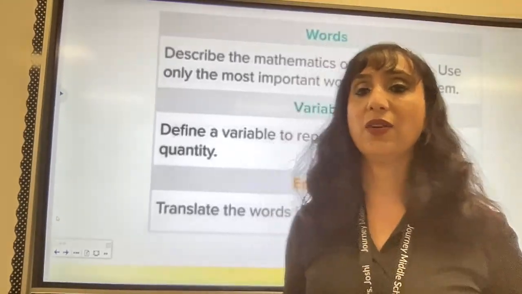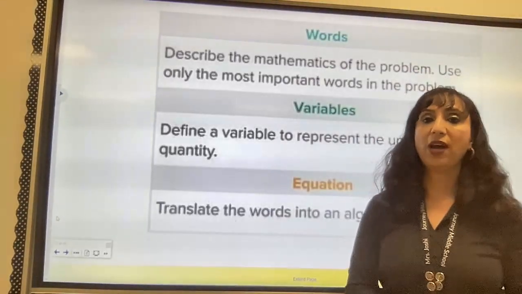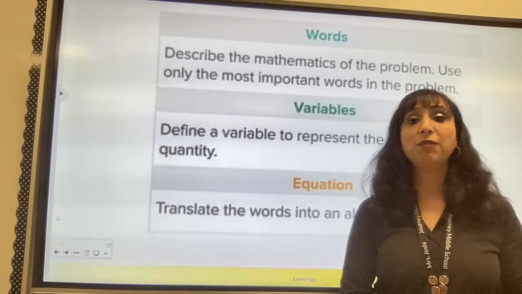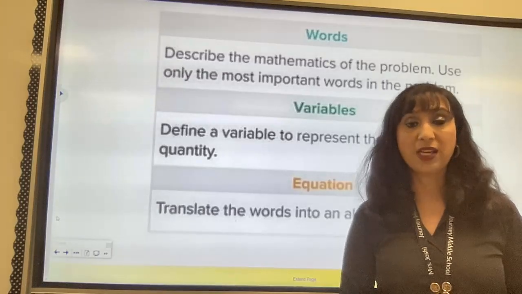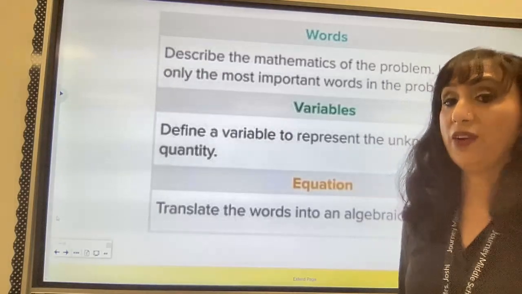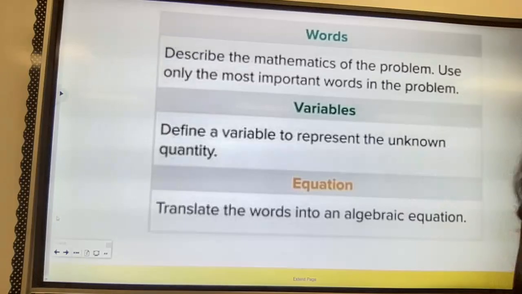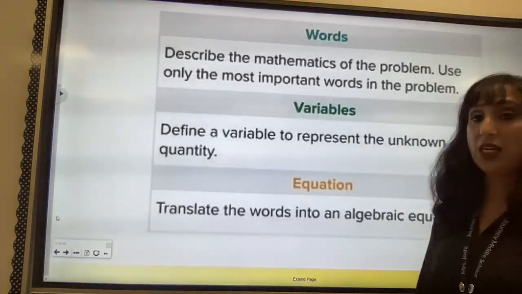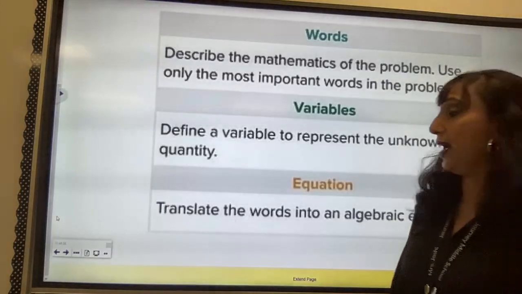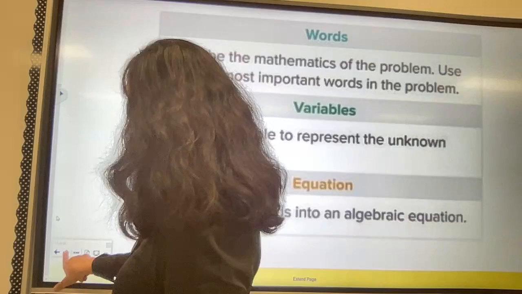We are going to describe the mathematics of the problem using only the most important words in the problem. Then we are going to define a variable to represent the unknown quantity, and we're going to translate the words into an algebraic equation.